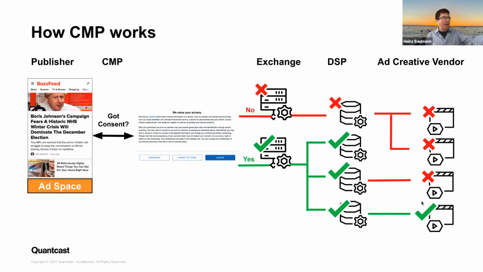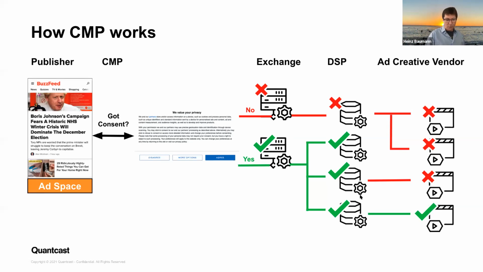That will be a green line in, and then one vendor says, okay, I have consent, I'm good. I don't care about this purpose because we don't use that anyway. It continues on. But then at one point, the creative vendor doesn't have consent, so they will not be able to use the data. They will most likely not bid on that request, so there is less opportunity coming back.